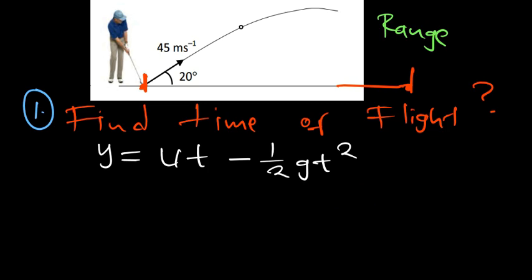So using this very equation, let's try to determine now the time of flight. So meaning that we need to find the time. Gravity we already know. Now what is the displacement to be covered?